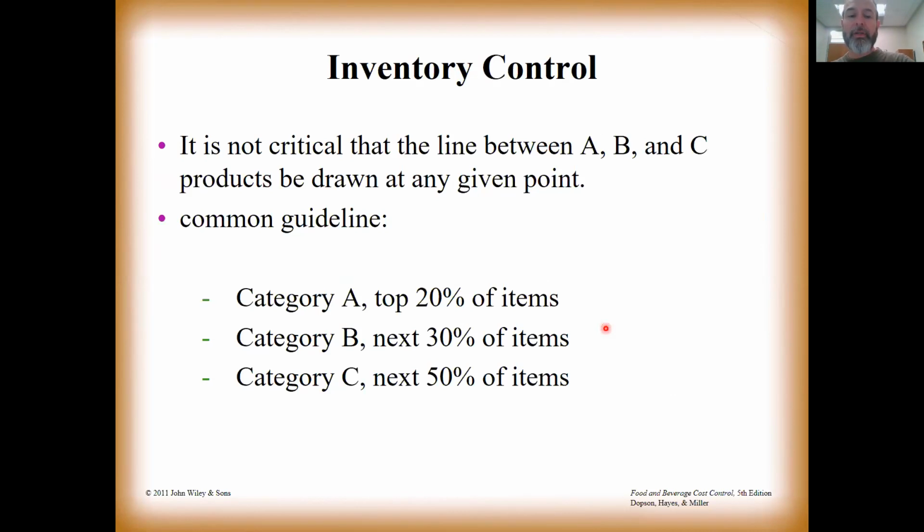It doesn't have to be at a particular point, but the rule of thumb is that about 20% of your items, let's say if you had 100 items, then the top 20 would probably be about your category A. And then the next third of items would be the B category, and the last half of all items, 50 of those 100, would be your category C items.